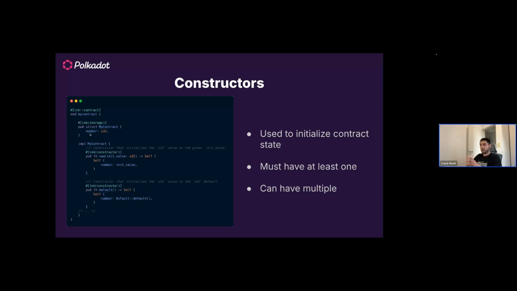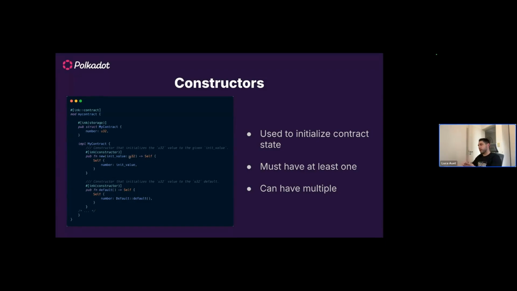So in the constructor, we need to say, okay, this field is going to start with this value. So in your contracts, you need at least one constructor. As you can see here in the function definition, the constructor returns an instance of this structure. So you can see that we are initializing the number field here.